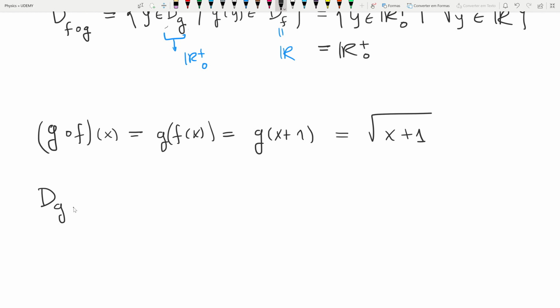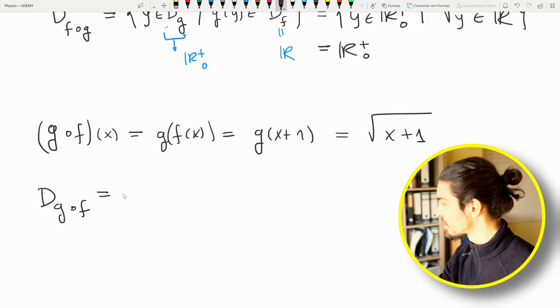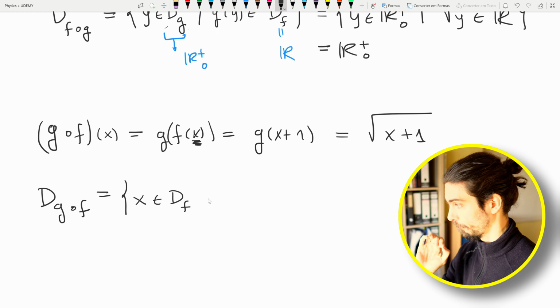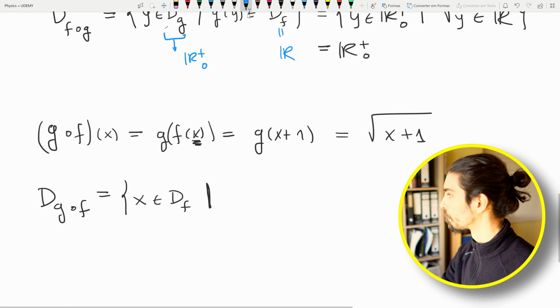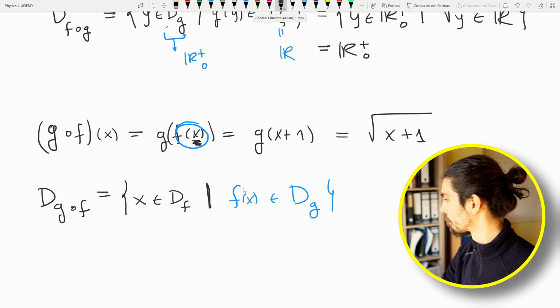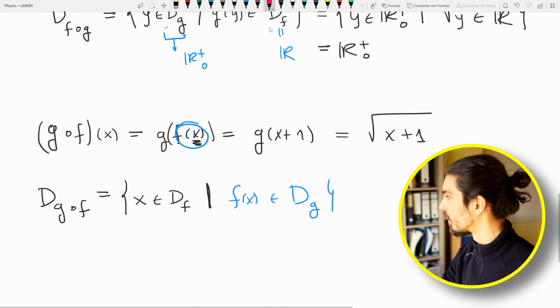The domain of g of f is what? Well, it must be all those x's in the domain of f, as long as this thing here, f of x, is in the domain of g. Specifically, we know the following.